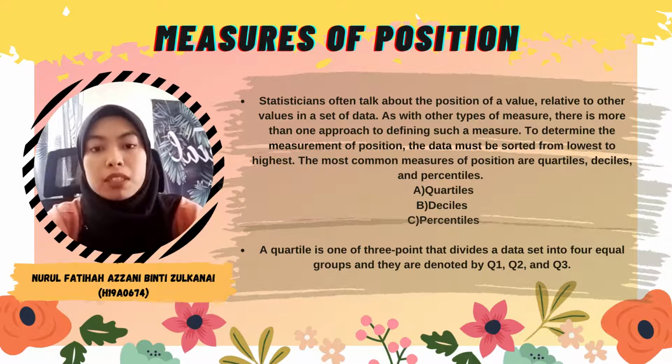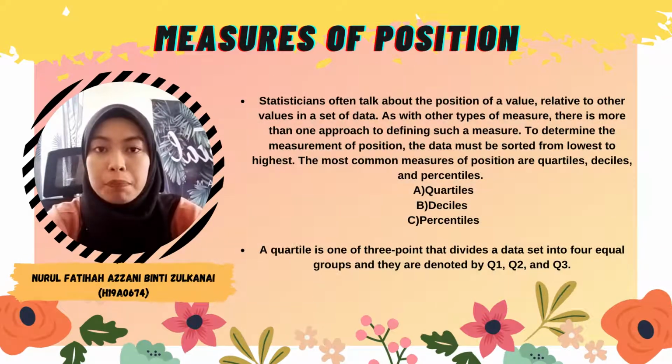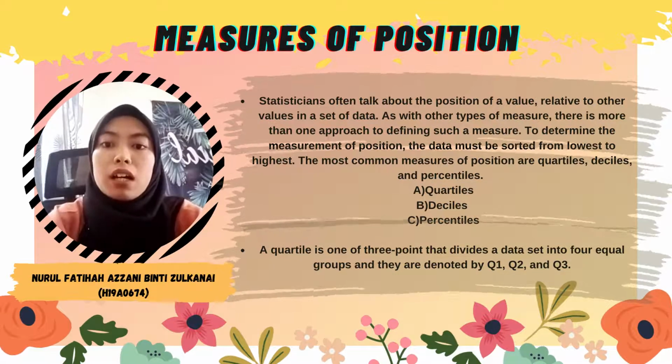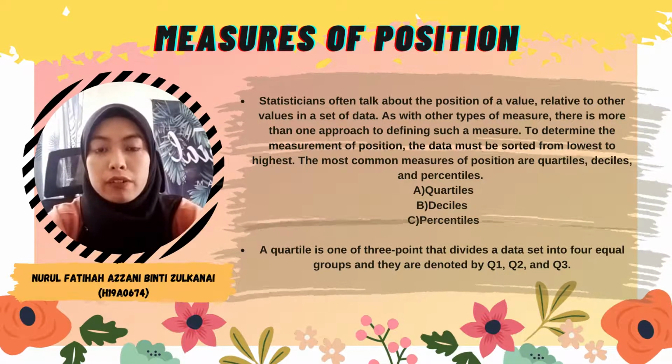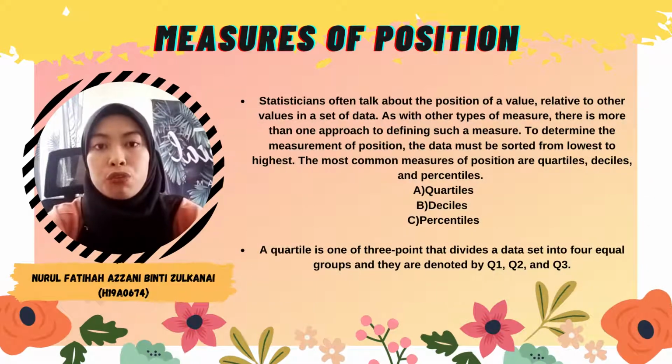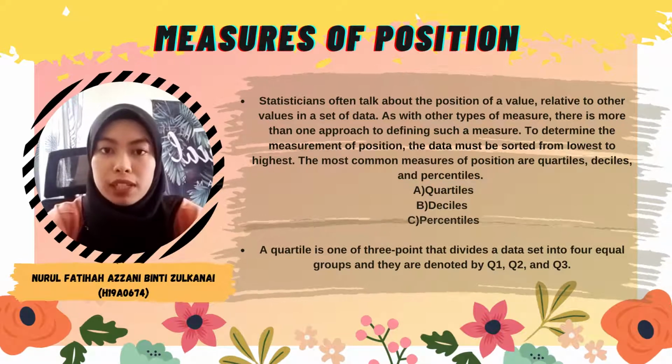The most common measures of position are quartiles, deciles, and percentiles. A quartile is one of the 3 points that divide a dataset into 4 equal groups, and they are denoted by Q1, Q2, and Q3.